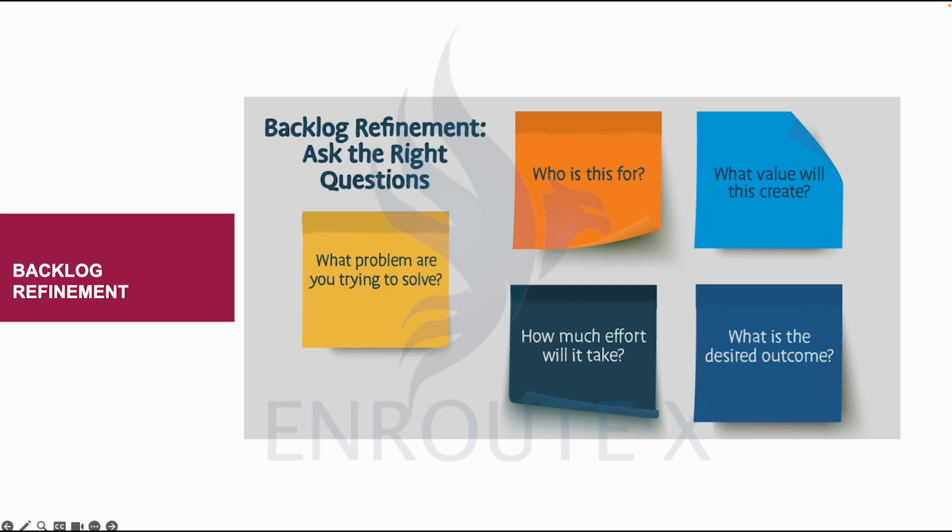Before we go further, while we were introducing the 5 events in Scrum from the Scrum guide, I mentioned that when we look at that screen, it had 6 meetings, and the 6th one is the backlog refinement.